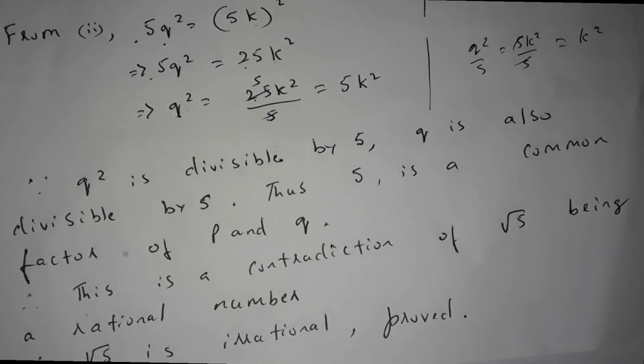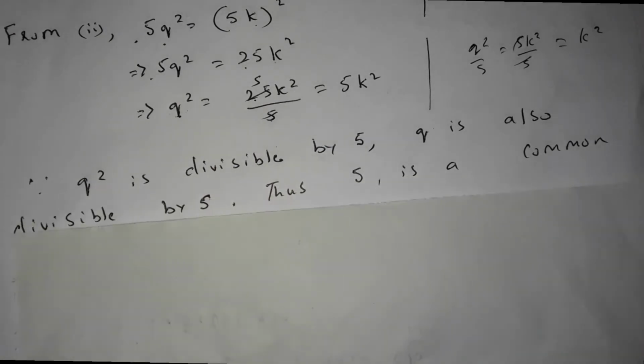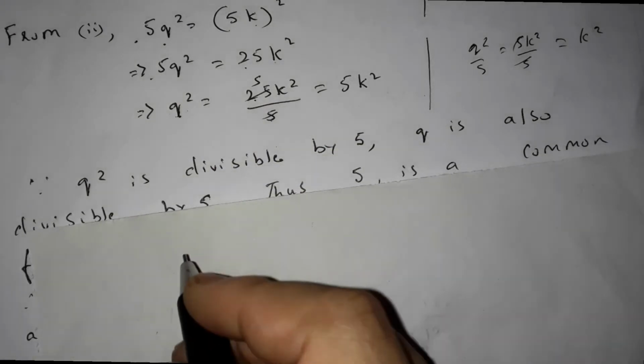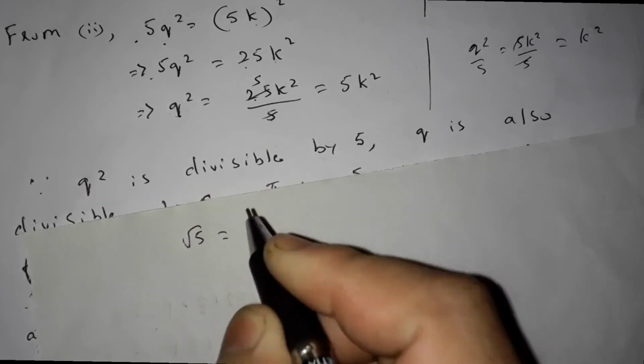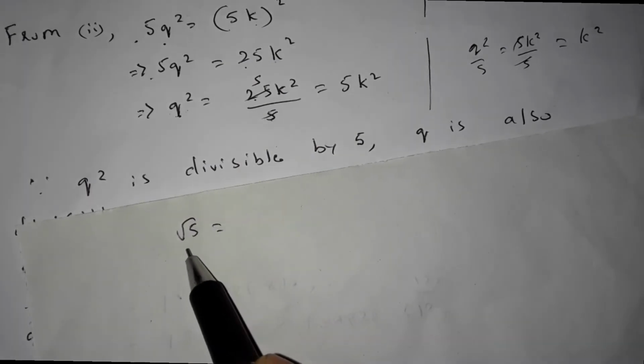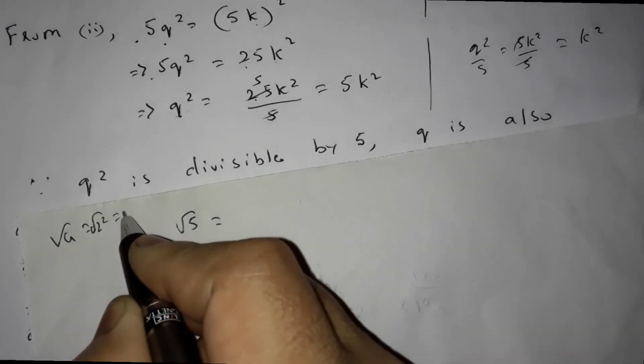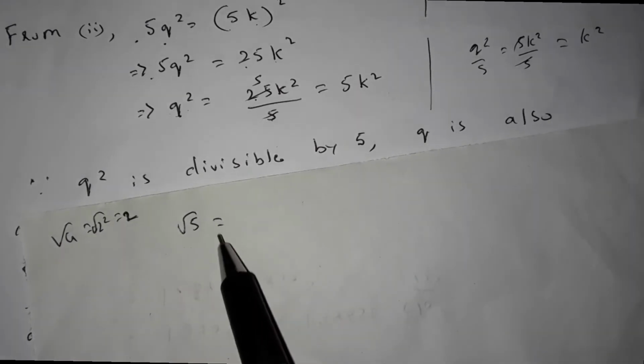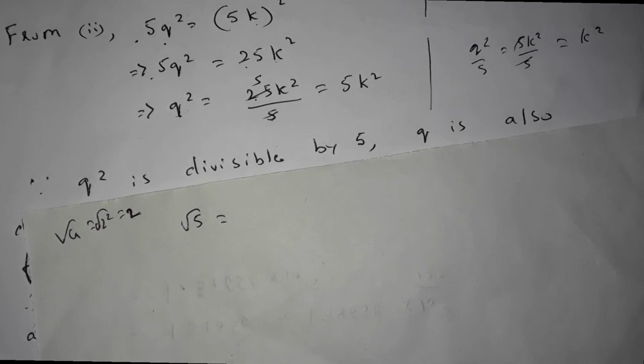Another thing. We know that root 4 equals 2, isn't it? Root 4 means 2 squared. But root 5 does not have a perfect square.